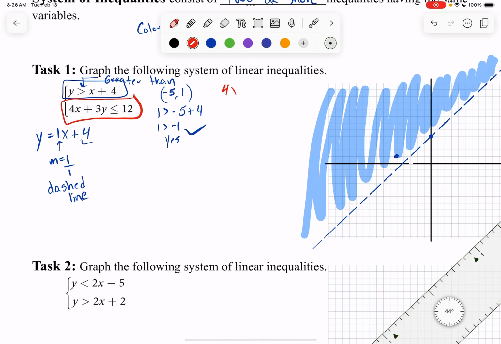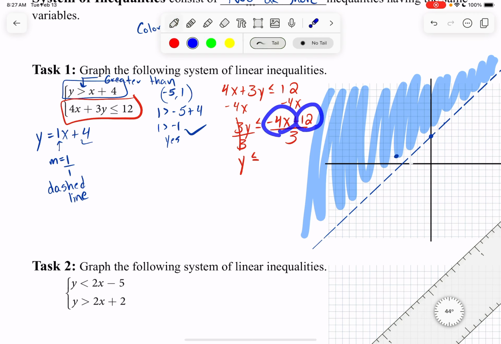So 4x plus 3y is less than or equal to 12. I think I'm going to get that in slope-intercept form. I'm going to subtract 4x from both sides. So 3y equals, I'm going to put the negative 4x first because we like mx plus b. Divide both sides by 3. Now I have to divide both parts by 3.